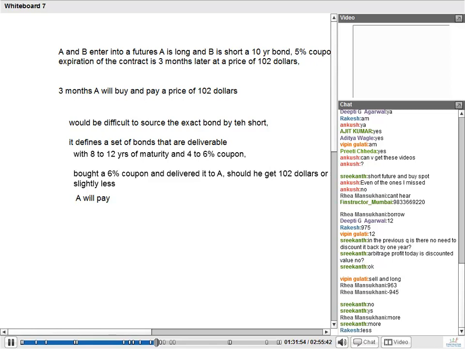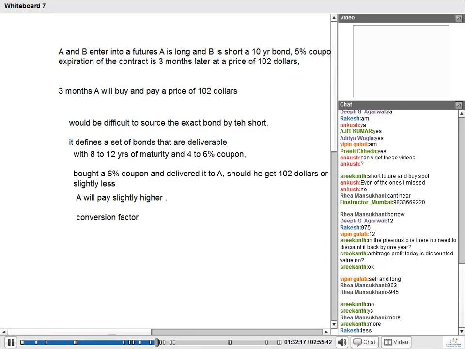Similarly, if he delivered a 4% bond, or a bond with a lower time to maturity or slightly different, it can be calculated whether A would have to pay a slightly higher price or a slightly lower price. That slightly higher or slightly lower is defined by something called the conversion factor.